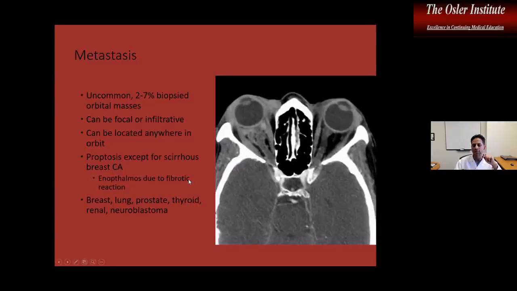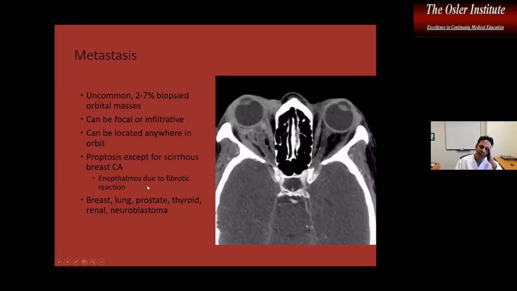Another thing is that anyone with a history of breast cancer who now develops enophthalmos, so what we call scirrhous breast carcinoma, you can have a fibrotic reaction and you can have enophthalmos. Now, generally, other tumors don't cause this, but prostate cancer can.